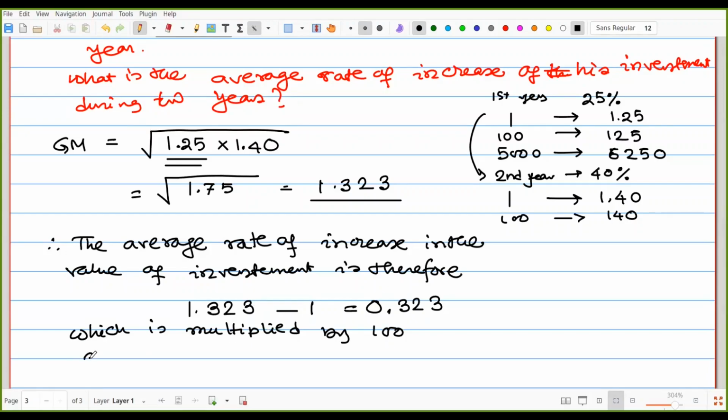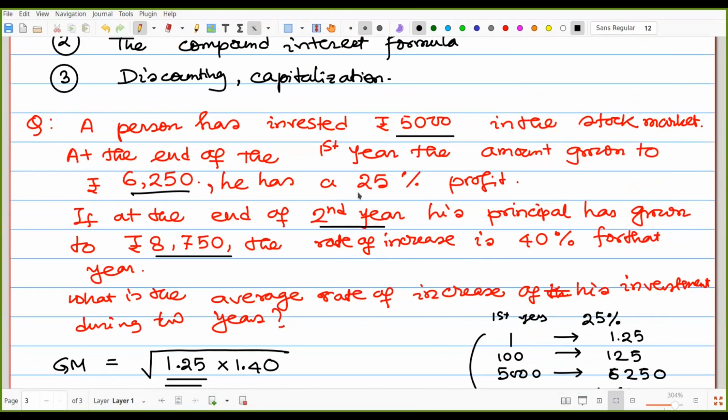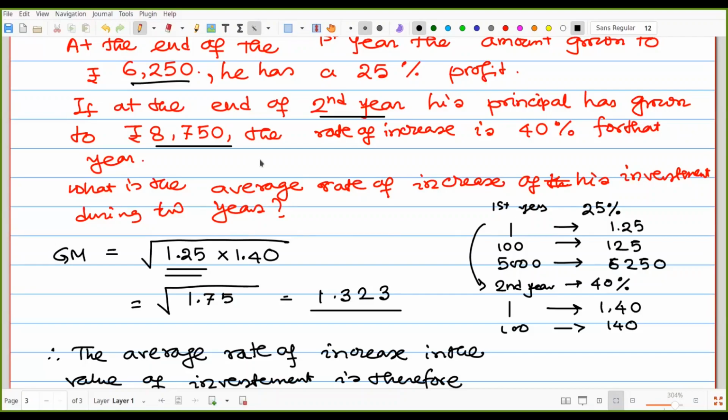So that gives the rate of interest as 32.3%. So that means 25% in the first year, in the second year 40%.